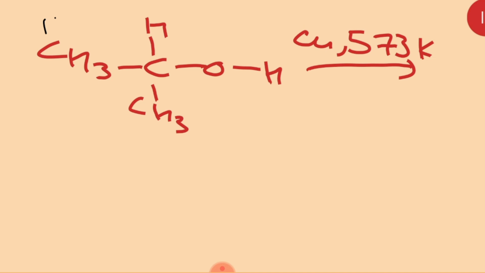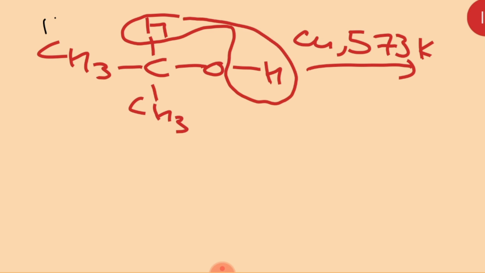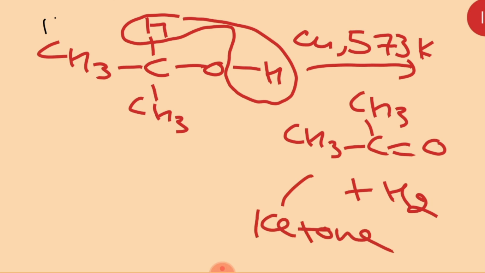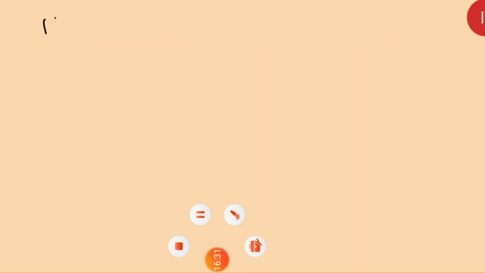Again there is a removal of hydrogen, and what will you get? CH3 CO CH3, that is CH3 C double bond O CH3, plus H2, and this is called ketone. What do you call it? Ketone. Clear? This is also dehydrogenation. Just remember. Okay, now in the same way we can do it for the tertiary also.